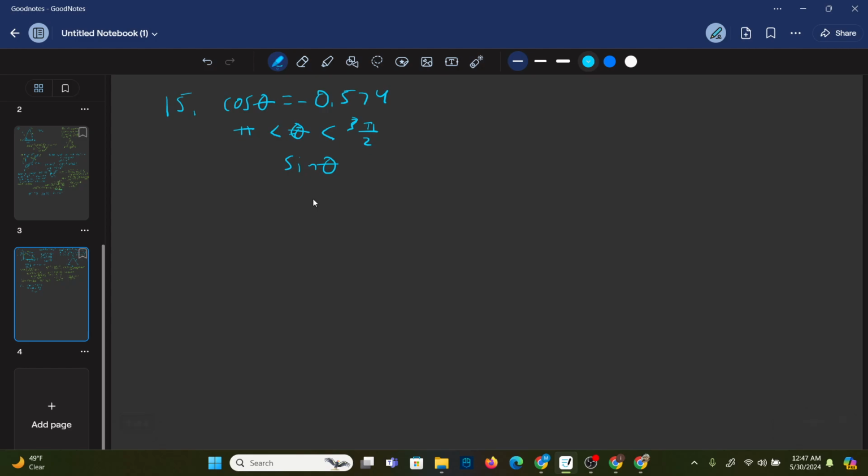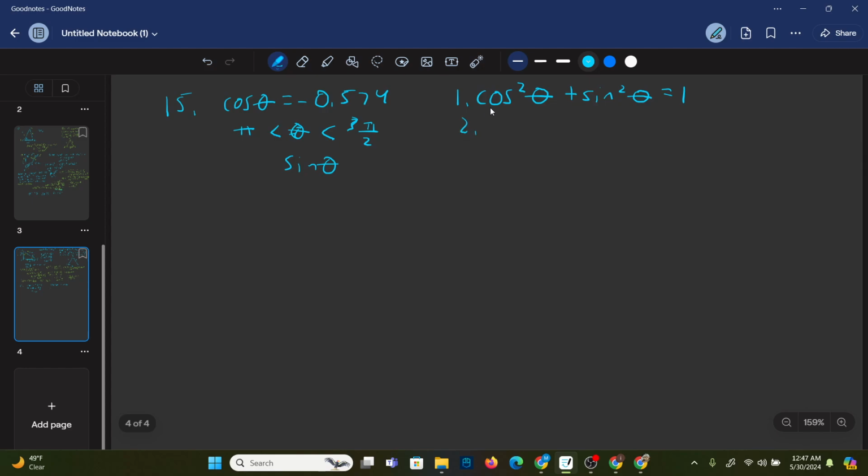So in order to solve this, we need to use the Pythagorean identity. There's three formulas you need to know. The first one is cos squared theta plus sine squared theta equals 1.